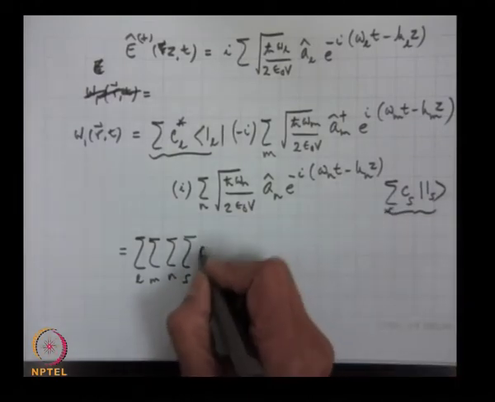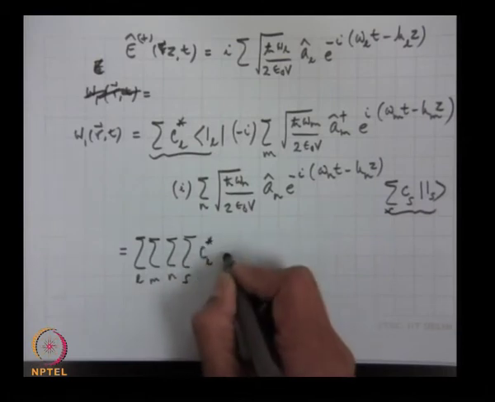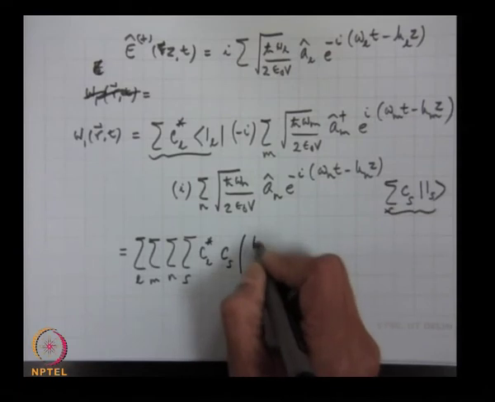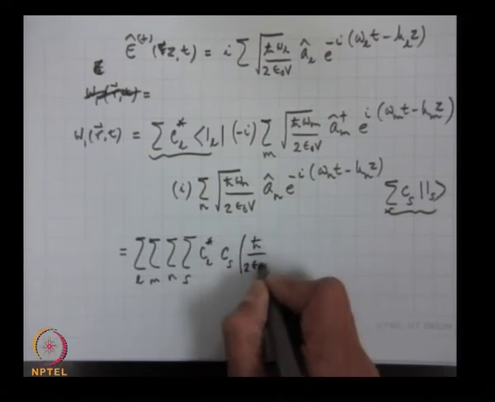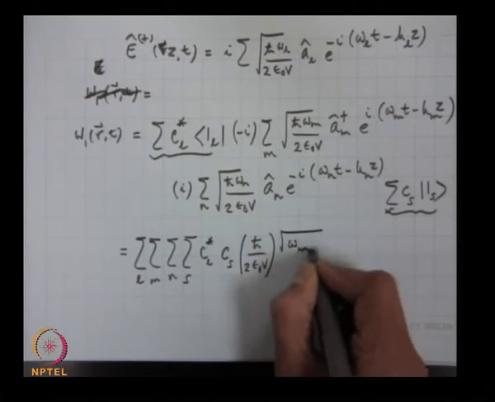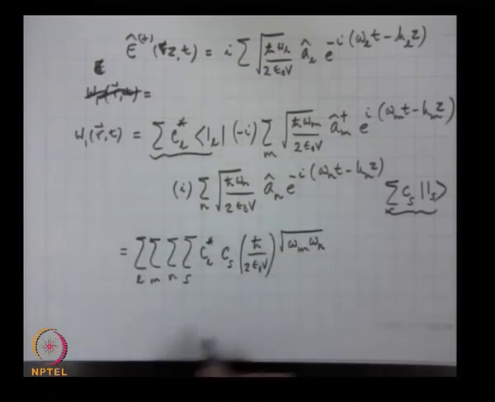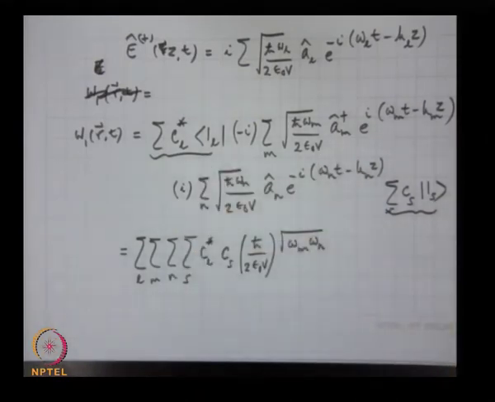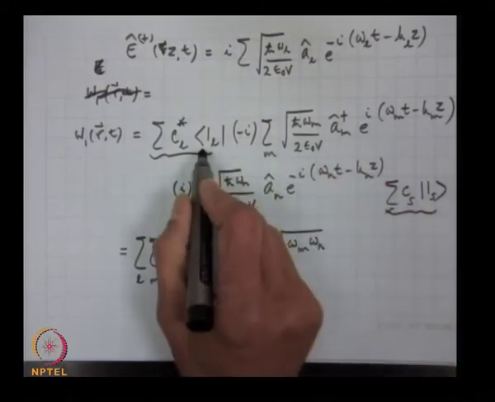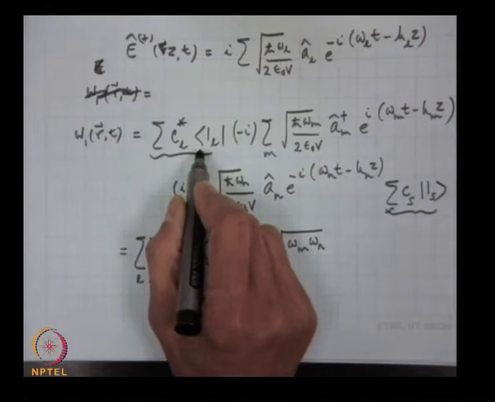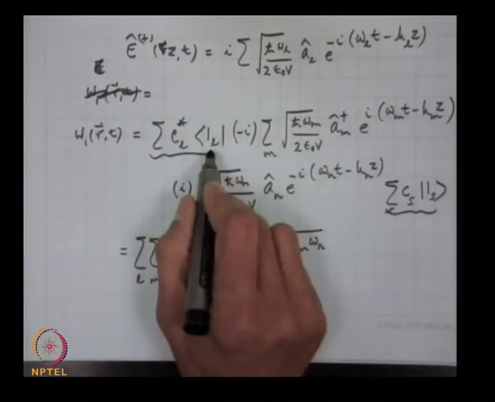Okay, so C_L star, C_S, I'll have h cross by 2 epsilon_0 V, square root of omega_M omega_N. Now what happens when A_M dagger operates on <1_L|? If M is not equal to L, it gives me 0.